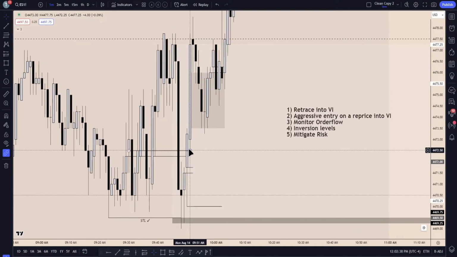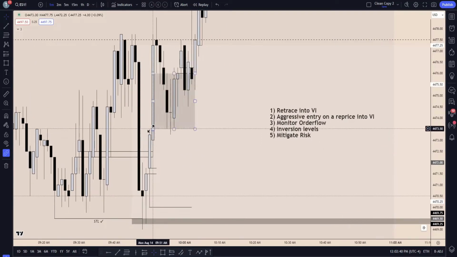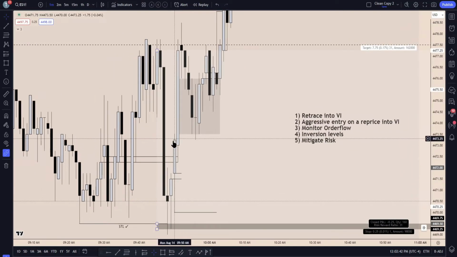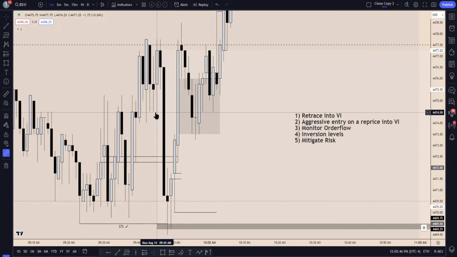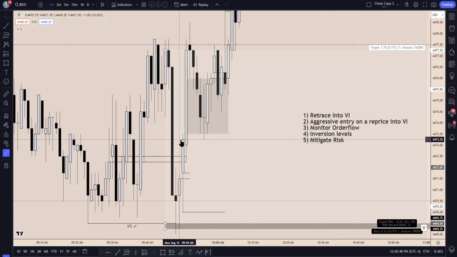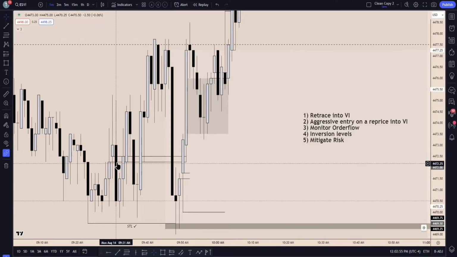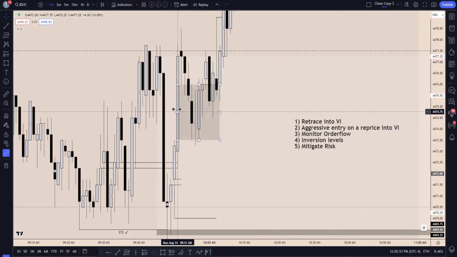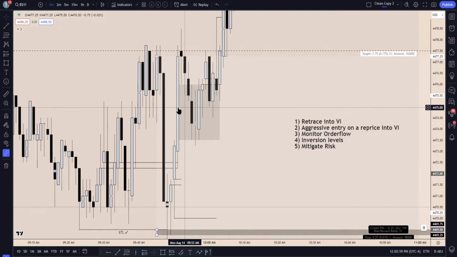So we see price continue to run up. When I see now another volume imbalance in this form, this one is a negated volume imbalance turned bullish. This is even more of an indication that we're bullish than this one for me, because this one had a chance to remain bearish. Instead, it returns into the inversion and then creates this huge displacement, leaving behind a fair value gap.